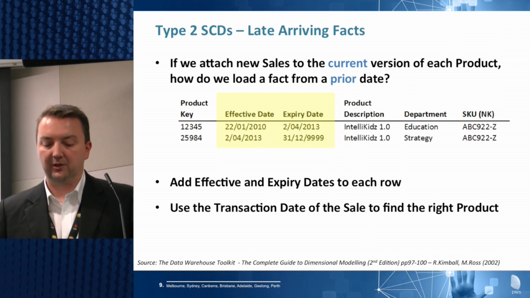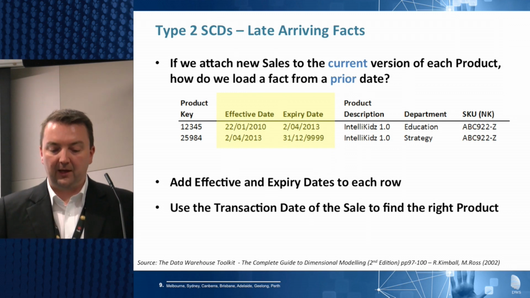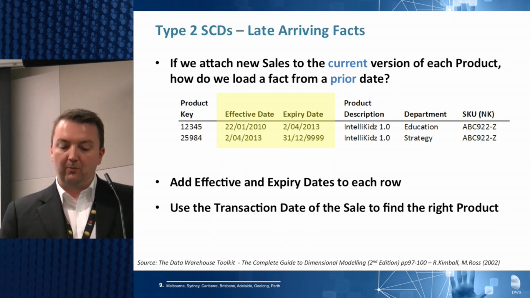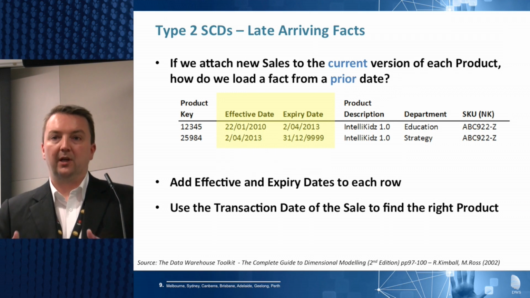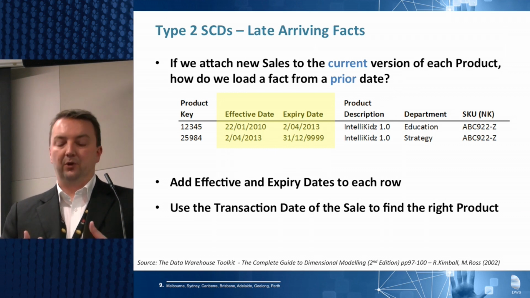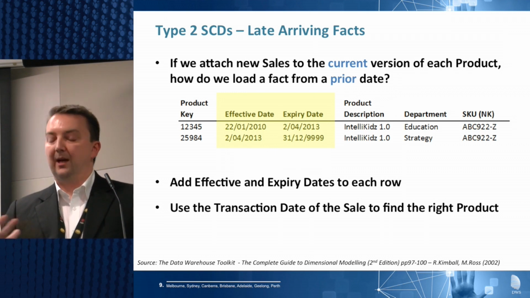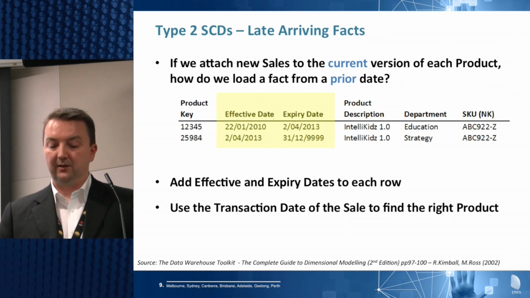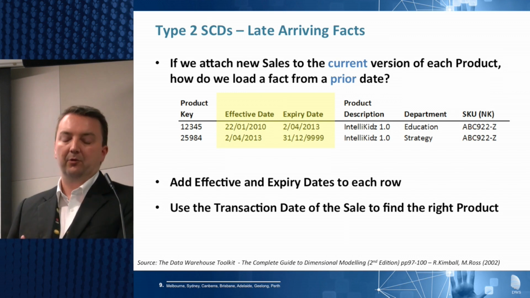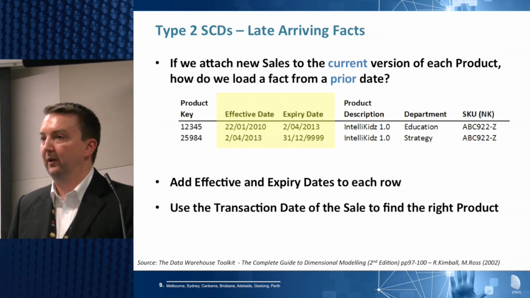that the sale occurred. So it's not simply a matter of getting a new product, or an old product with a changed attribute, and creating a new row. Now we have to create a new row and update the old row because of the effective and expiry dates. The old row previously had an expiry date of an arbitrary future date like 31/12/9999.